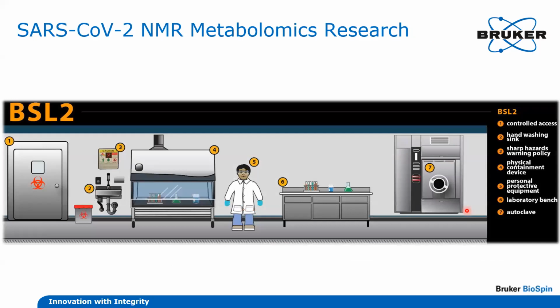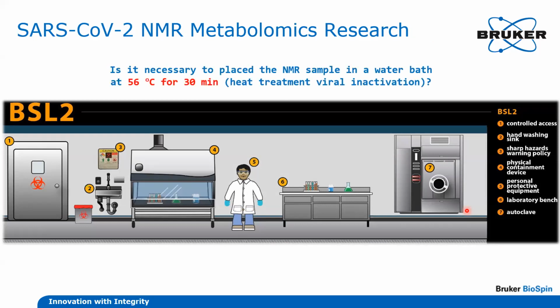As you know, for SARS-CoV-2 research using NMR, you only need biosafety level 2. The next question we ask is whether it is necessary to destroy the sample using heat treatment to inactivate it. There are two reasons related to this answer.